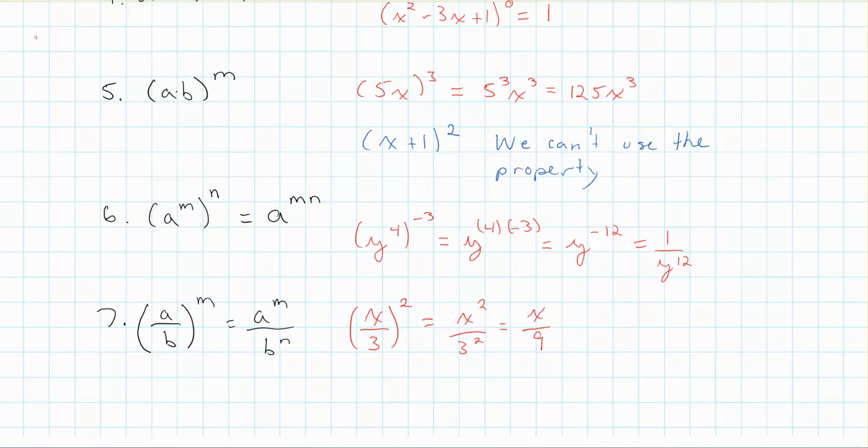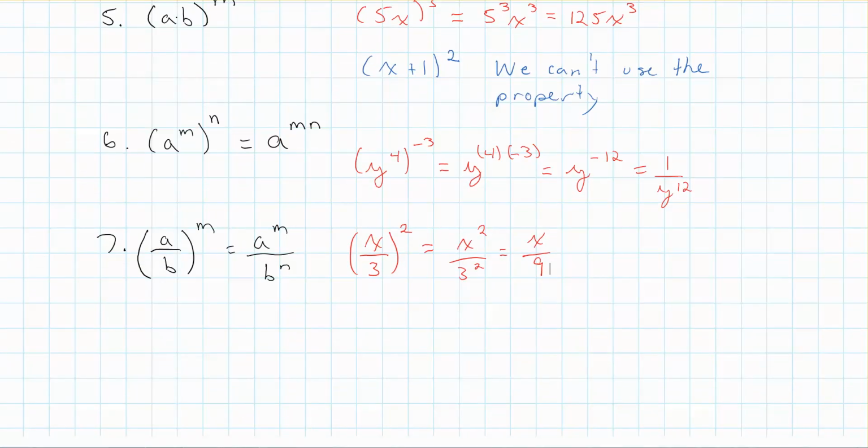The very last property here, which is used sometimes, not necessarily a lot, but we do occasionally use it, is that we have the absolute value of a, squared. This is the same thing as the absolute value of a squared, which is also just the same thing as a squared.